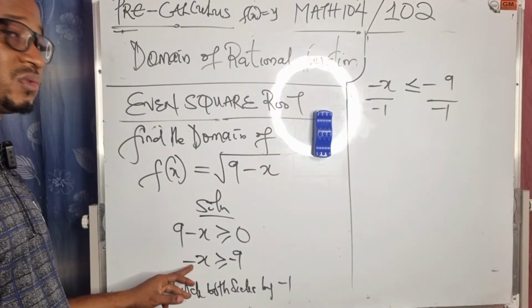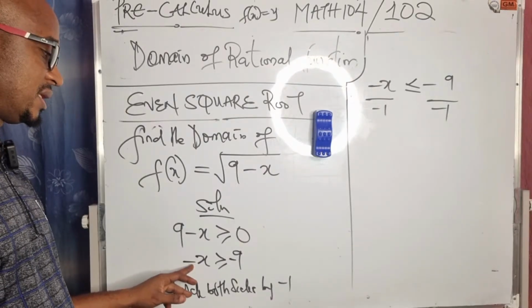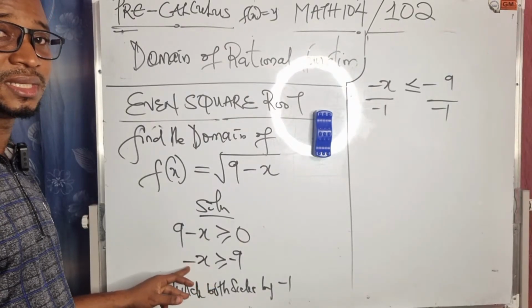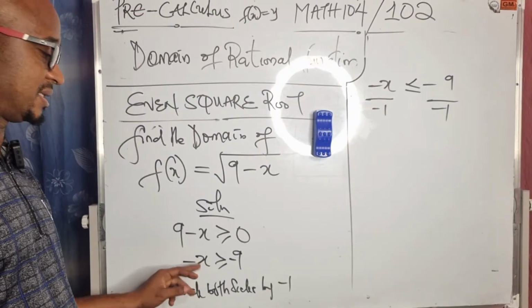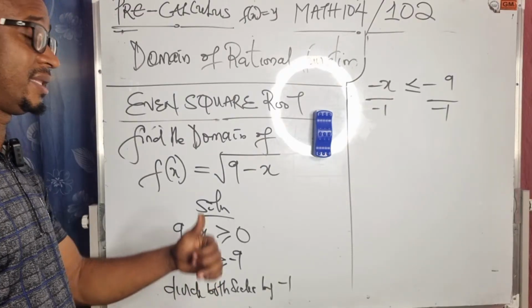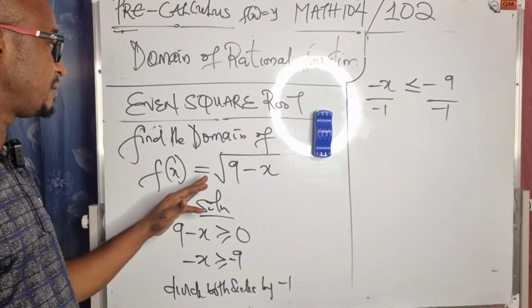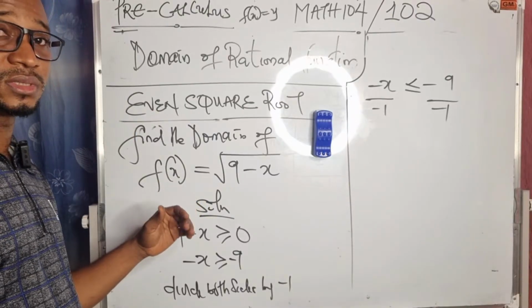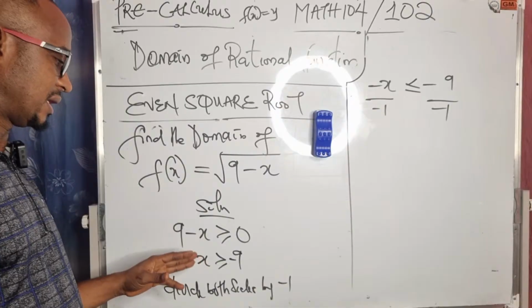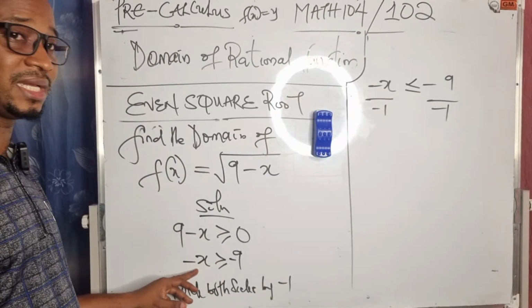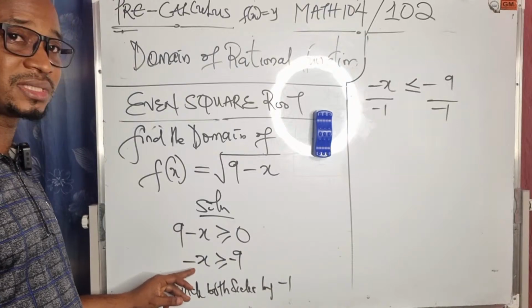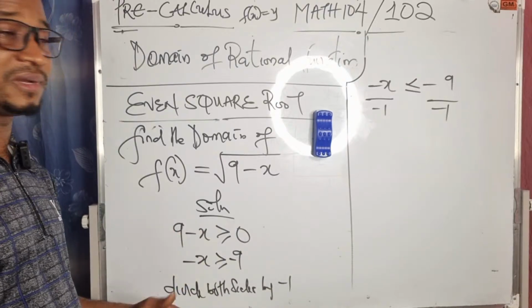Even if I have minus 2x here, I will do the same thing. If I have minus 3x, I will do the same thing. But if I have only positive x, the sign remains the same, like in the previous examples we did under even square root. But for this, because I have a negative sign here and I want to remove this minus sign, this sign will have to invert itself.